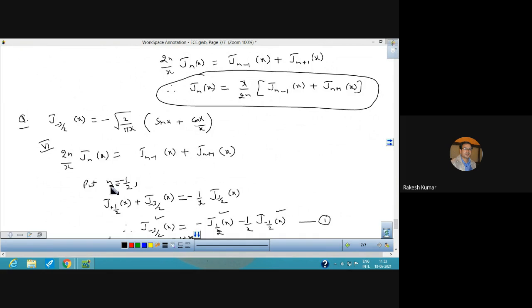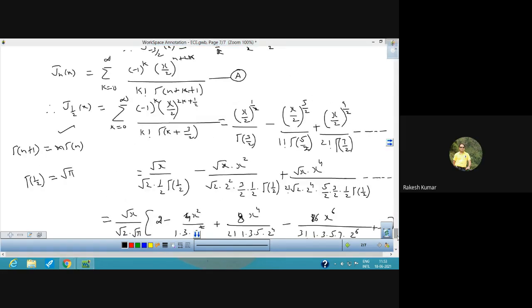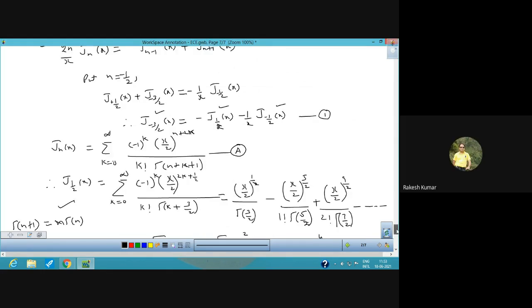We have used n equal to minus 1 by 2 in recurrence relation 6, and we have got this one. J minus 3 by 2 x is equal to minus j half x minus 1 by x, j minus half x from equation number 1.